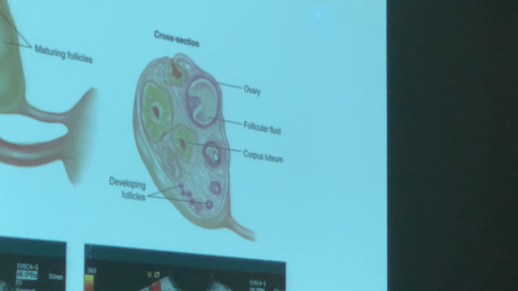I'm developing, now I'm a mature follicle. I'm called a Graafian follicle. I let go of the egg at ovulation. Now I am a corpus luteum, progesterone, progesterone, progesterone. If I'm not pregnant, it will slowly involute on itself. If I'm pregnant, it will stay there.